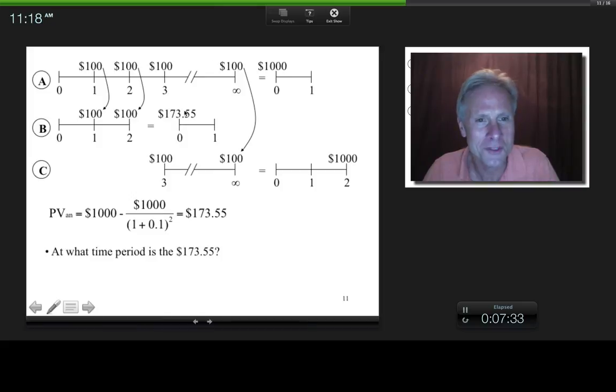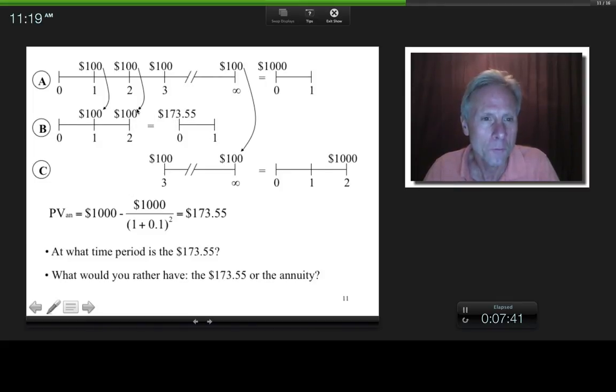These two hundreds are equal to this $173.55 at time 0. So what would you rather have? Would you rather have these 200s, given the effective rate that we made up, beginning at time 1 and then time 2, or would you rather have 173 and change at time 0?